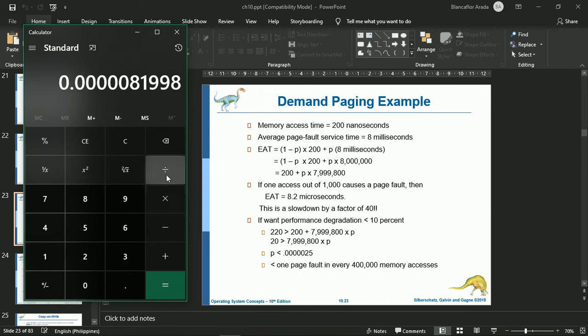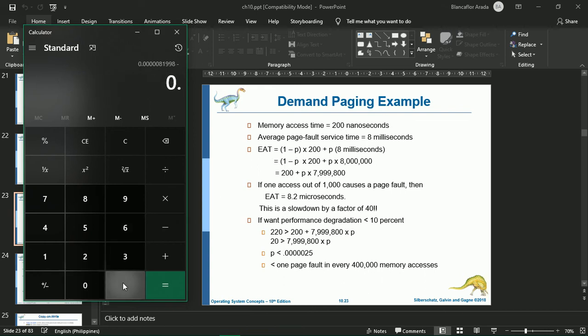Then let's subtract the 200 nanoseconds.